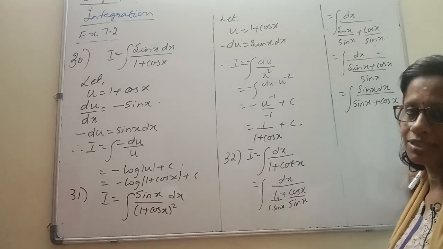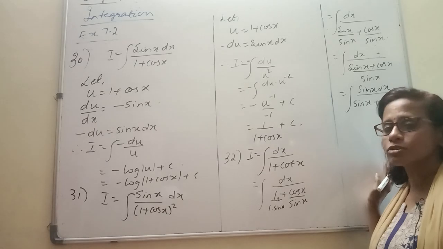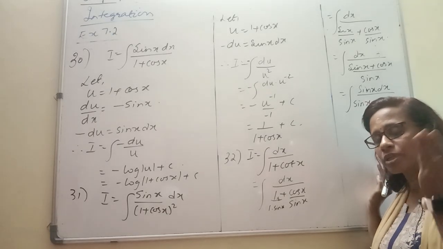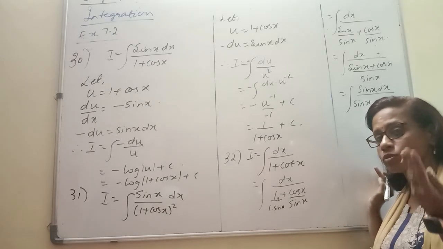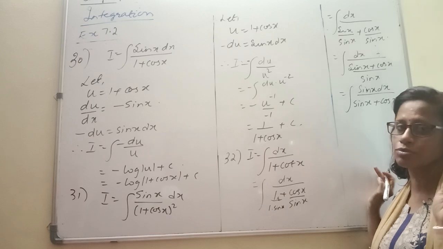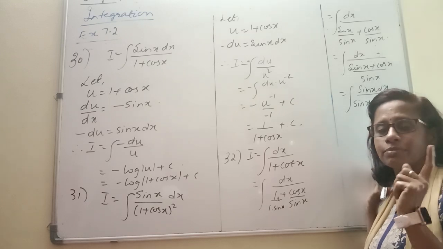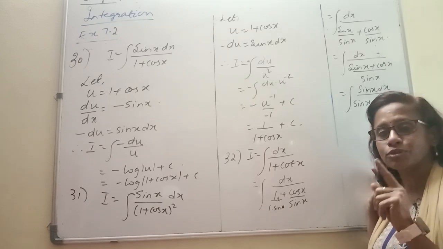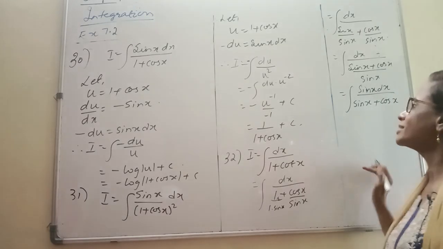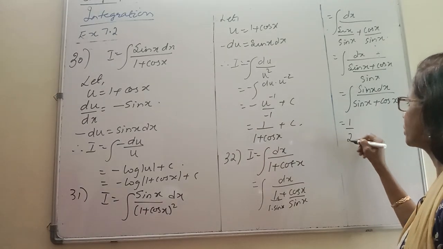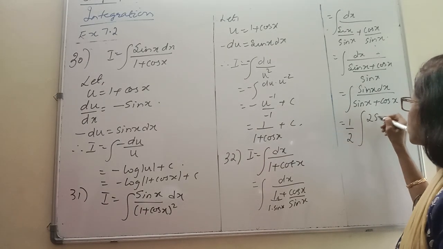We are in a fix because the denominator is not going to help you get the numerator, nor the numerator is going to help you get the denominator. So there is no as such substitution which is going to work. So there has to be some mathematical manipulation which has to be used for you to get the answer. The manipulation that we're going to use here is, we are going to write this as half times 2 sin x.